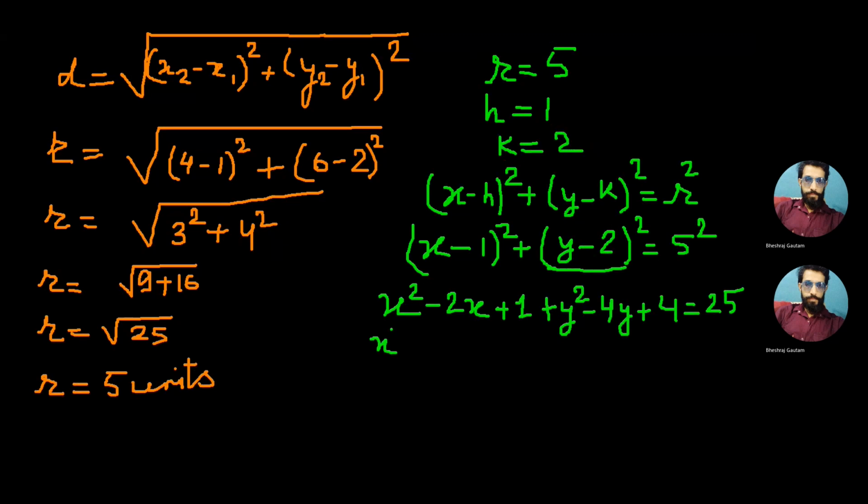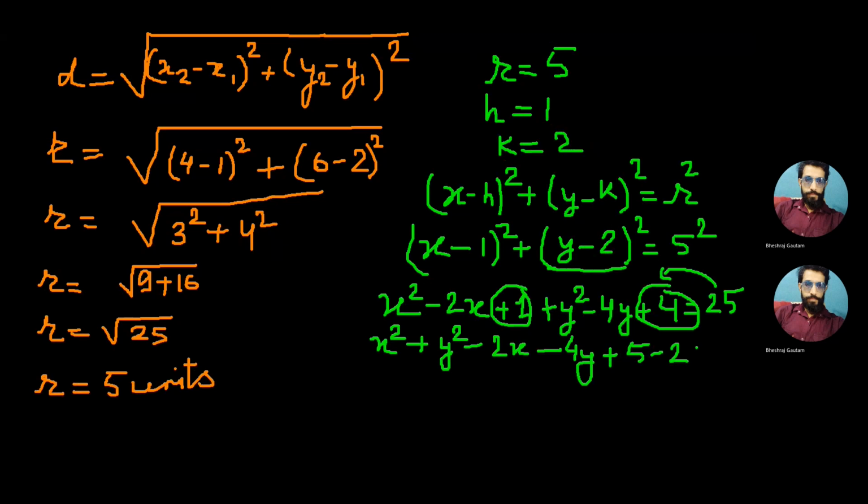Now simplifying this, we get x square plus y square, and then minus 2x minus 4y, and when we add plus 1 and plus 4, it is plus 5, and taking this 25 on the left side, we can write minus 25 is equal to, nothing is left on the right side, so we write 0 there.